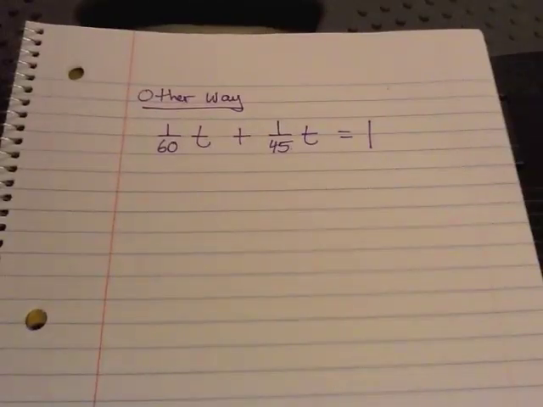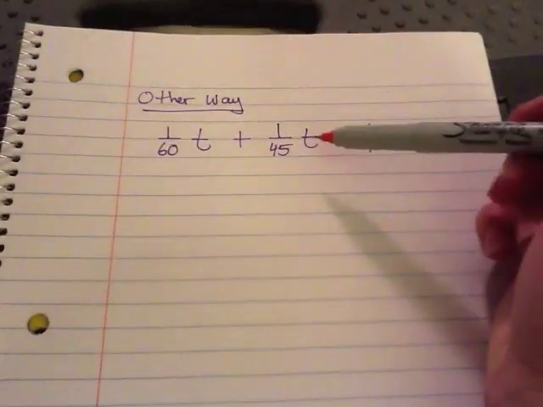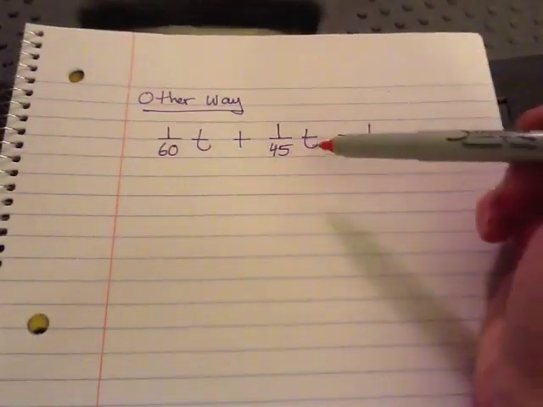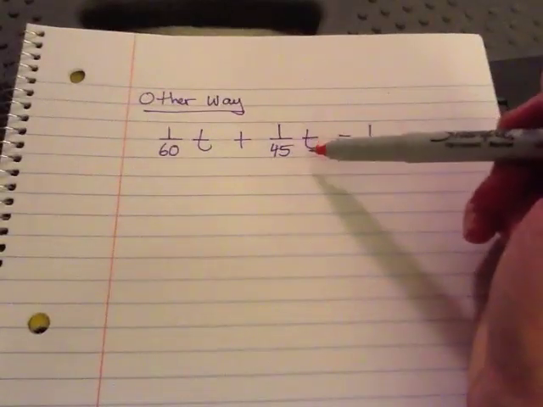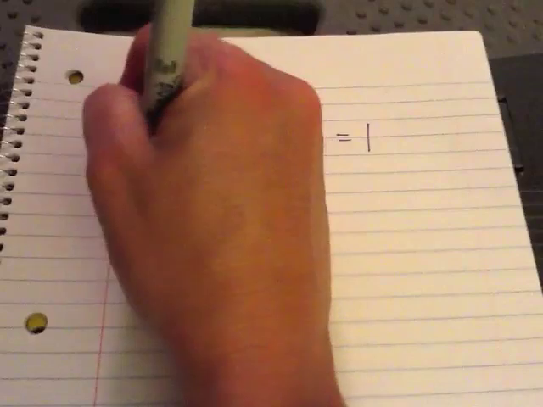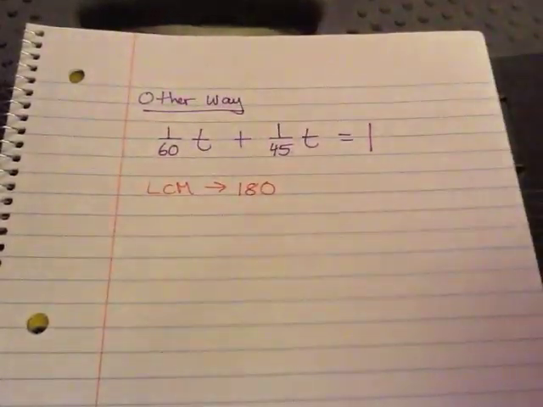Now you're still going to have a fraction buster, and if you notice, your fraction buster doesn't include the t anymore because the t actually would be up at the top of the fractions here because it's multiplying, it's a t over 1. So your LCM here is 180. You just don't have that t anymore.